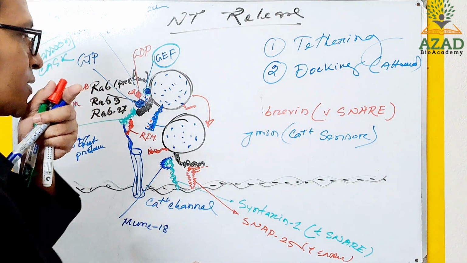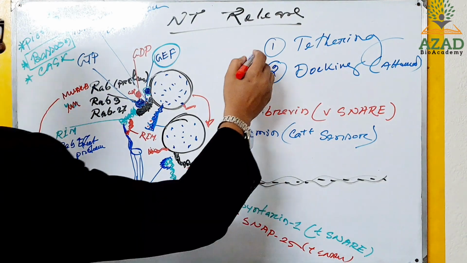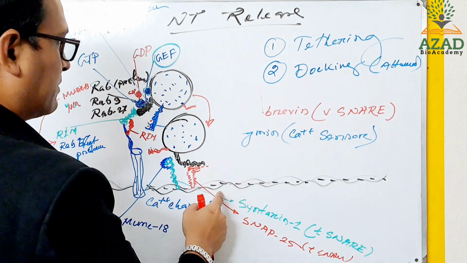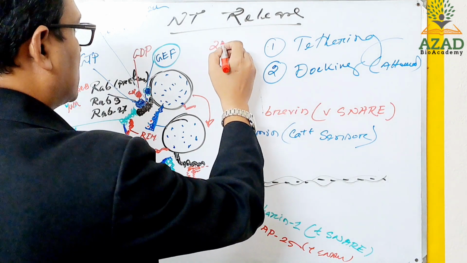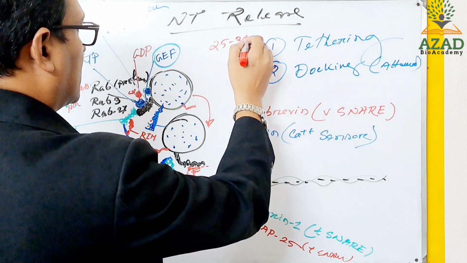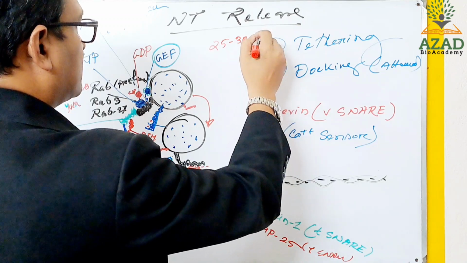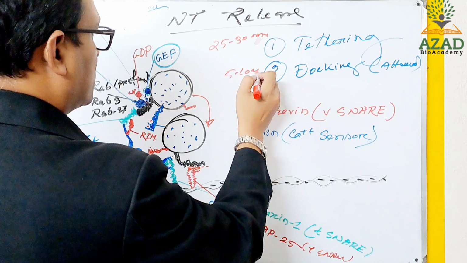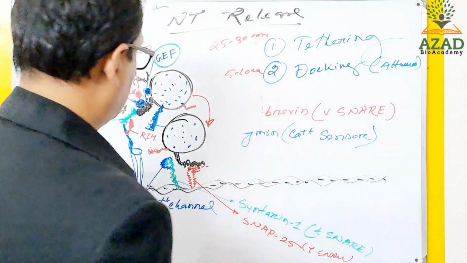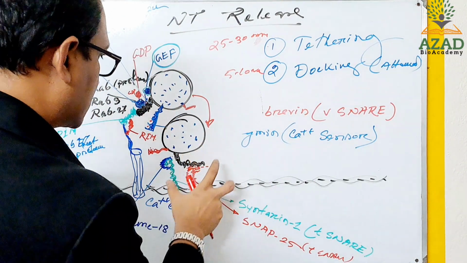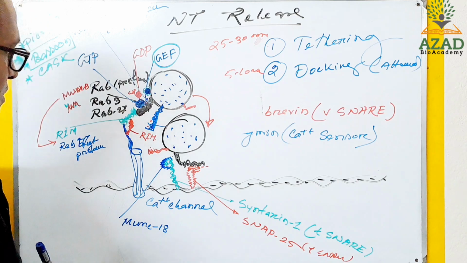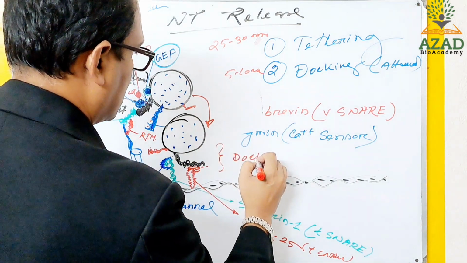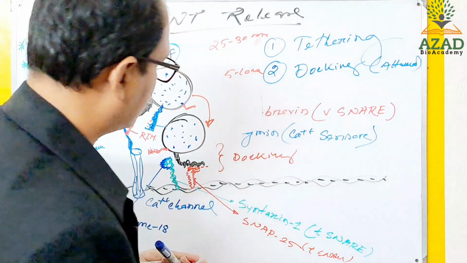So I will say here during tethering, the vesicle and membrane distance is 25 to 30 nanometer, and during docking it's 5 to 10 nanometer, which is very adjacent. Okay, so this condition is called docking. Docking means attachment.